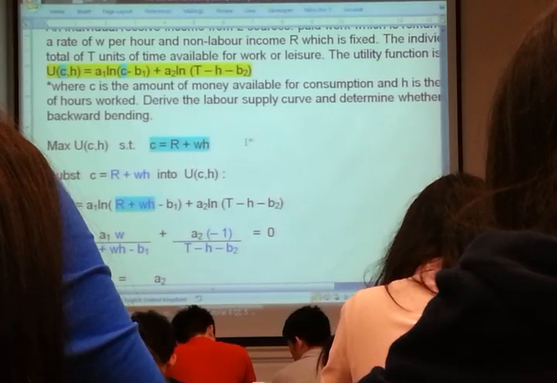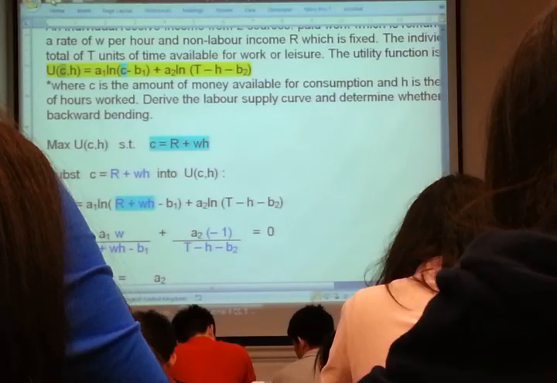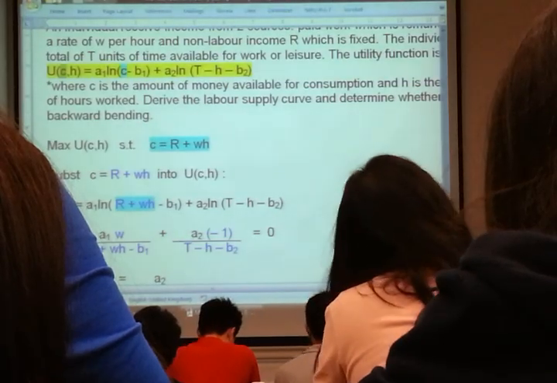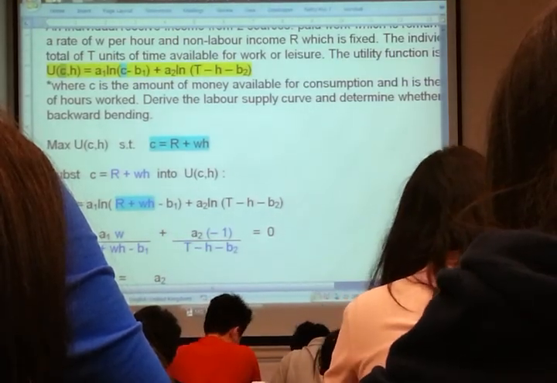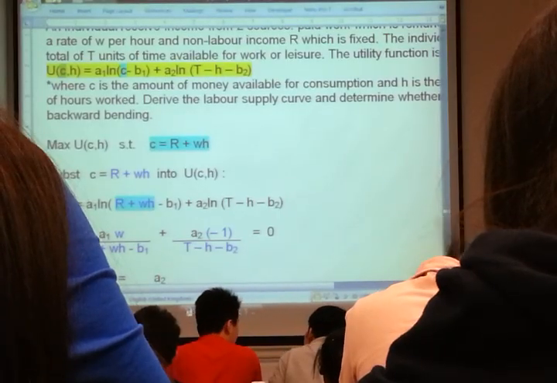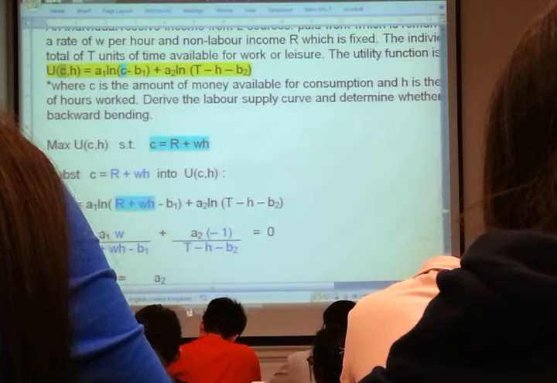Now, since the question asks you to derive the labor supply curve, labor wishes to maximize utility, right? By finding how many hours of leisure you have. Now, how many hours of leisure is the inverse of how many hours of work, right? They're the same thing.